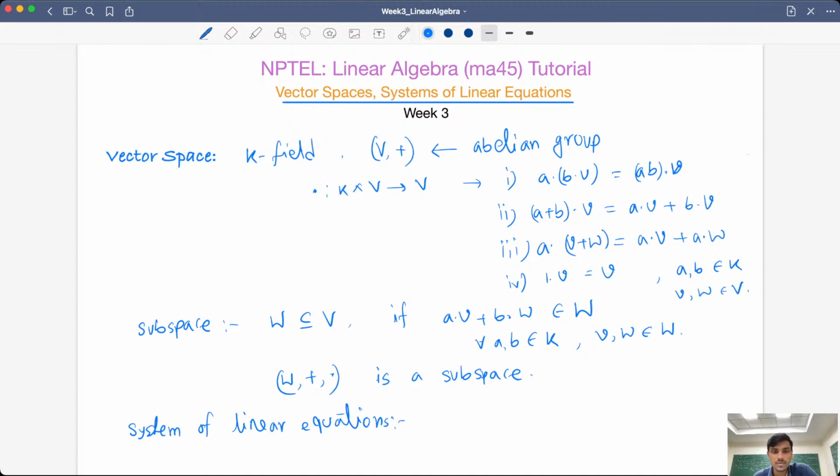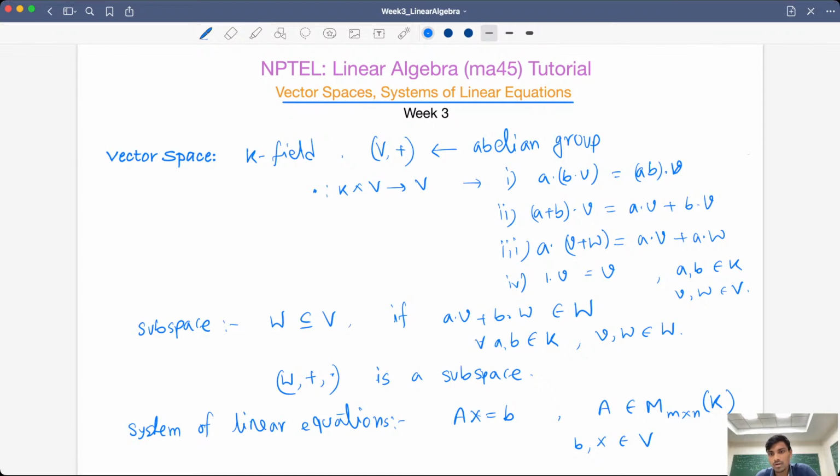In a vector space V, you can write a system of linear equations, for example Ax equal to B. We say A belongs to the M cross N matrices whose entries are from the field on which your vector space is defined, and X, B belong to your vector space V over the field K.